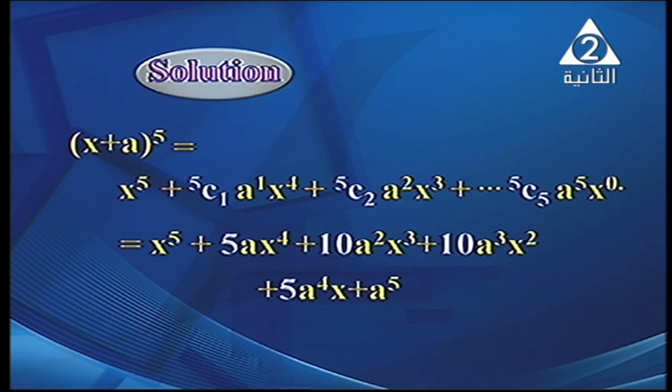Start from x power 5, x power 4, second term, third term, x power 3, to reach x power 0. But the second term starts from a power 1, a power 2, a power 3, to reach a power 5. Remember, my dear student, if we have a bracket with power 5, we have 6 terms.